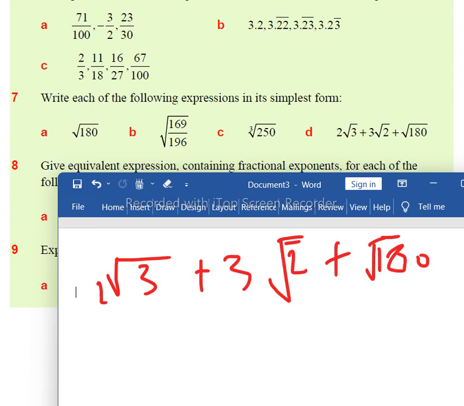As we said before, the square root of 180 means 6 square root of 5. We said that before under question letter A.